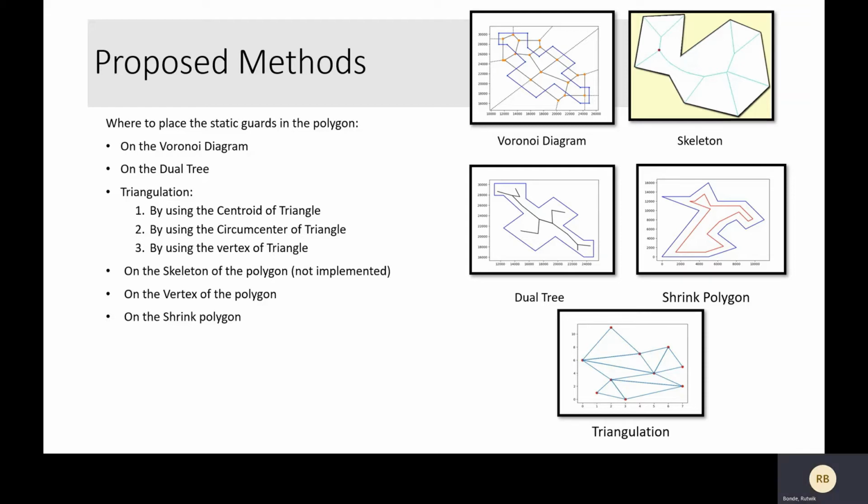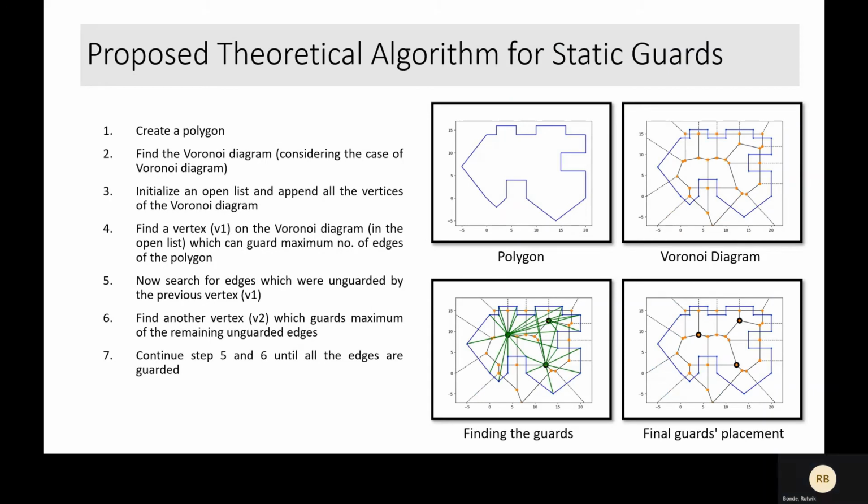Now that we have found where we can place our stationary guards, let's find the minimum number of stationary guards that we can place using these methods. So the algorithm for this is in the next slide. So this is the theoretical algorithm that we have proposed for finding the minimum number of static guards to guard the complete polygon.